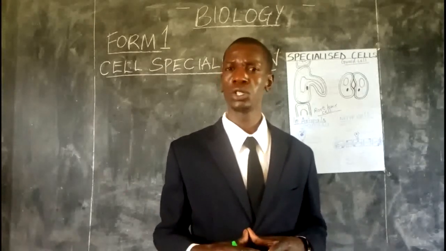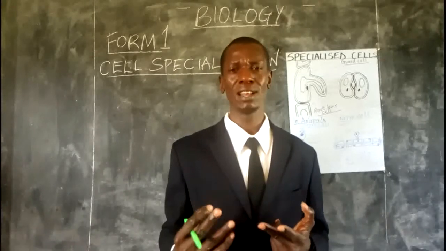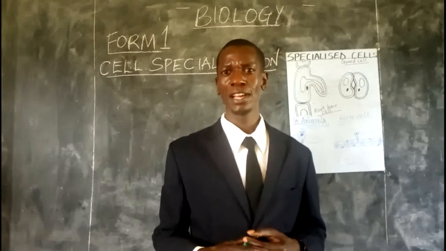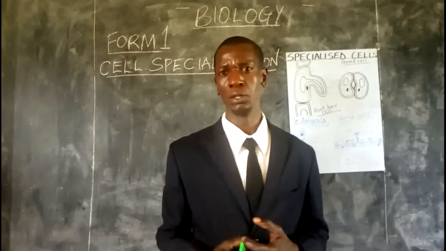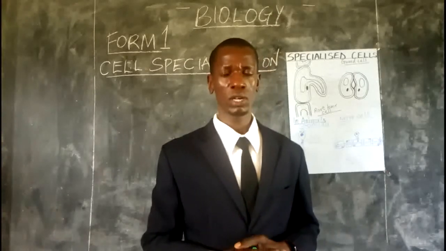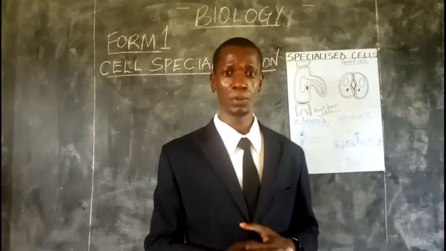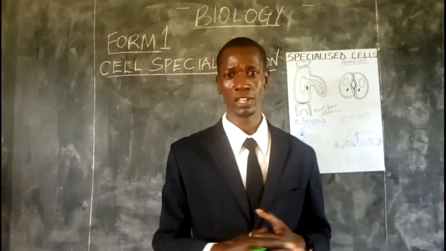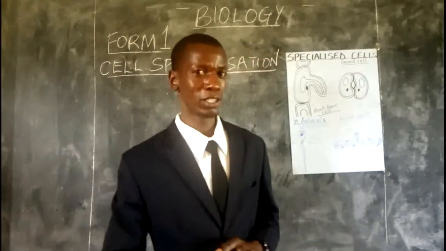For the animals, we're going to look at the sperm cell, and we may also look at the nerve cell, which is called the neuron. Okay, let's have a look at this diagram. I hope we are going to learn the difference between these specialized cells. Let's go.